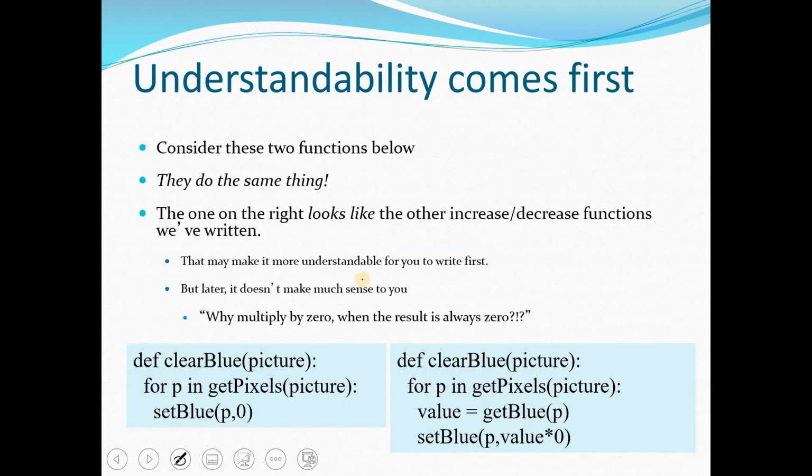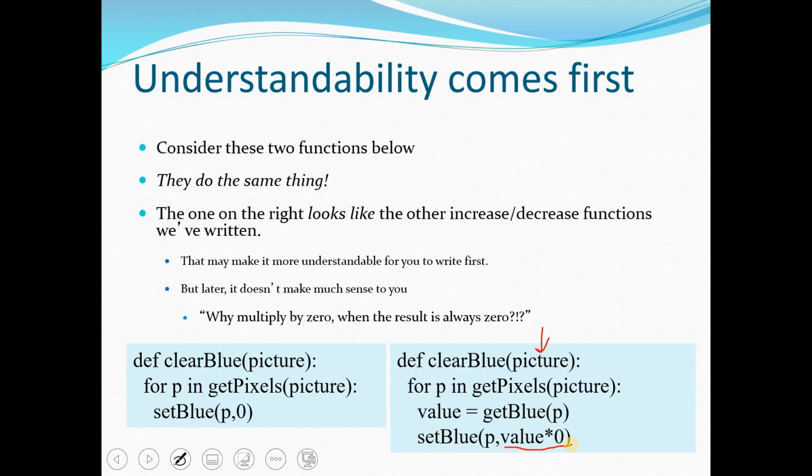So here you see another two functions. If you remember, this function we discussed last time. Let's say we have a function picture, and in the function what we want to do is make the blue color in the picture 0. So what we do is multiply it with 0.